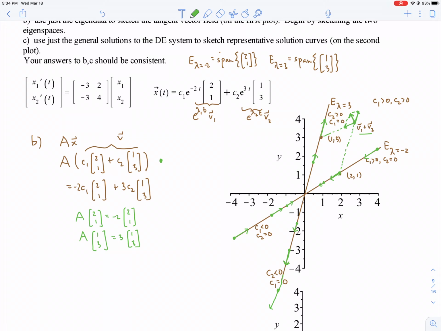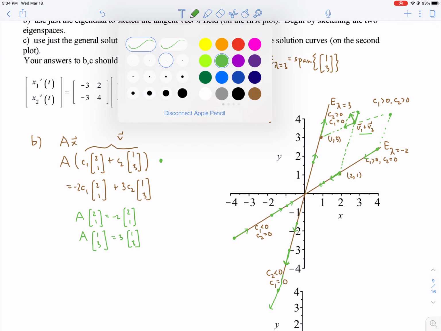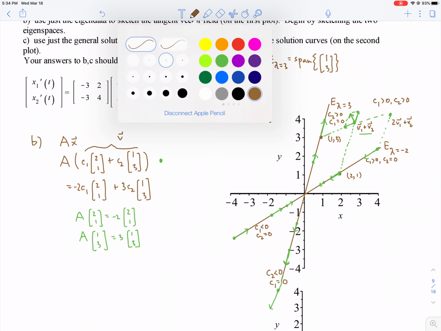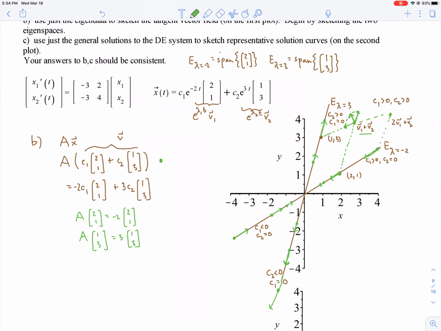Okay, and if I had looked at what happened maybe at the point 2v1 plus v2, which is here, then I would be adding this longer green arrow to the green arrow from the -2 eigenspace.